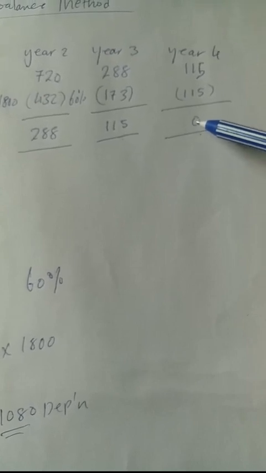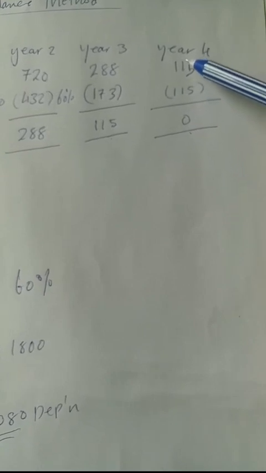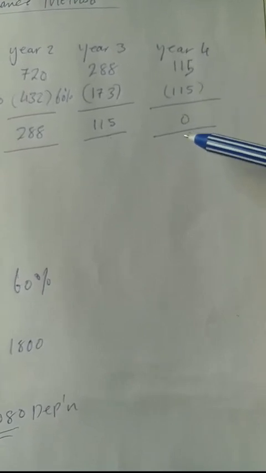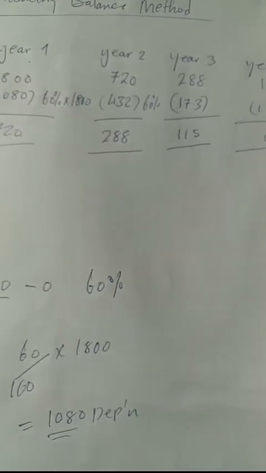Therefore, we have to show it 0 by subtracting the carrying amount from the same carrying amount, and then we find that the asset is completely used in the business.